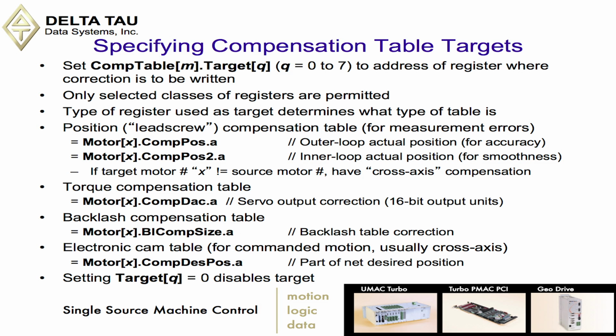So notice how each of these source registers have their own comp name in the structure element name to indicate to us that it is the compensation register for that feature in that particular PID loop or that particular motor number. So we have comp DAC, we have BL for backlash comp, and then we have comp des pos for compensating on the desired position. By the way, if a compensation table feature is not turned on, then you can write to these registers in your own code.